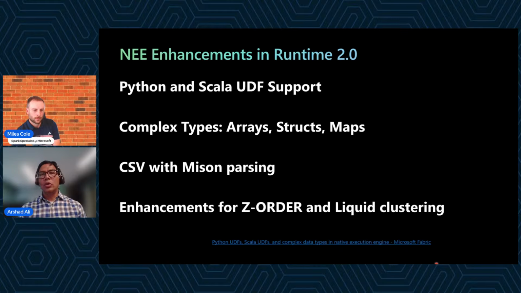When data is stored in CSV, it's very difficult in a normal flow to pick only the columns needed to serve the query request. But with Mission Parser, it picks the columns needed to serve the query request and ignores or prunes the rest of the columns. This way, we optimize the performance of reading data from CSV files.